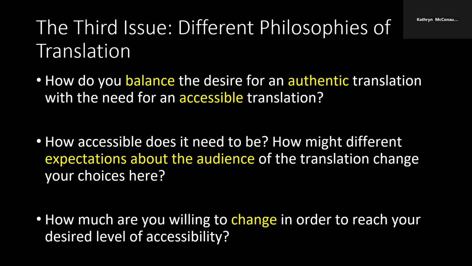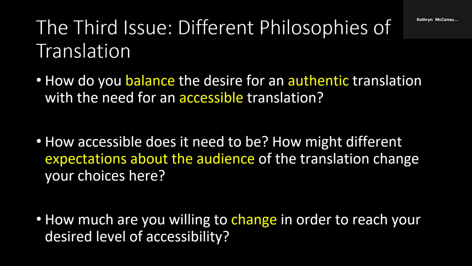How accessible does your translation need to be? Depending on what audience the translator is intending this text to be for, they may choose a different level of accessibility. They may need a different level of accessibility. So, for example, if you're translating for a children's story Bible or something like that, the level of accessibility you're going to need to go for is going to be much greater.